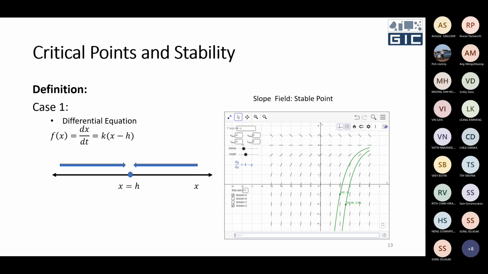So how can I identify the slope field for the stable point? In this case, the critical point can produce the arrows like in this figure. It means the critical point produces stability for our dynamic system by using equilibrium solutions.